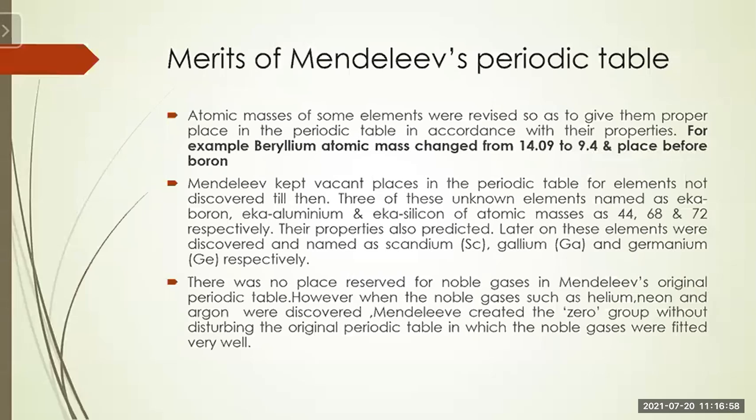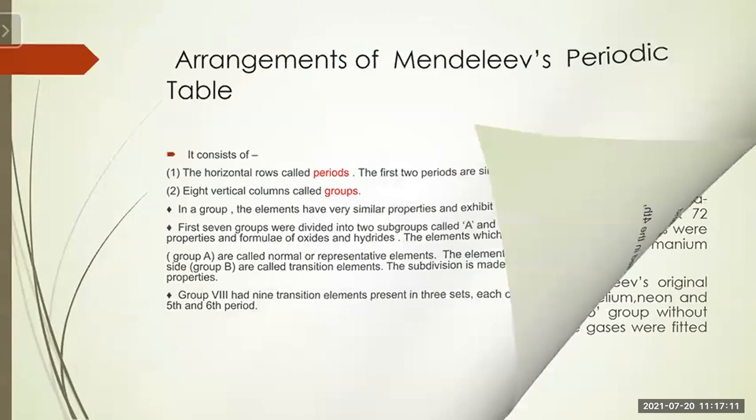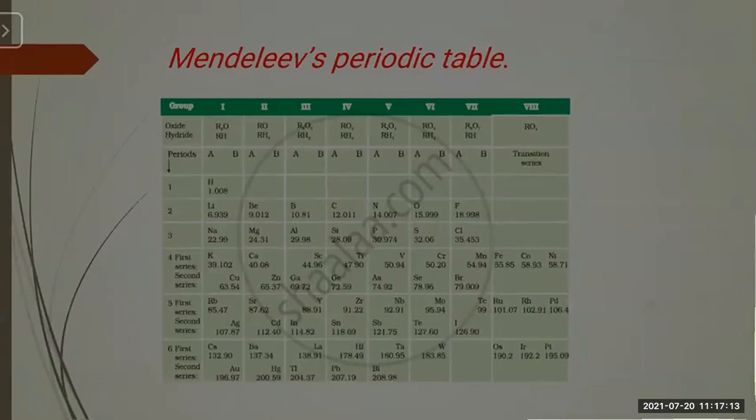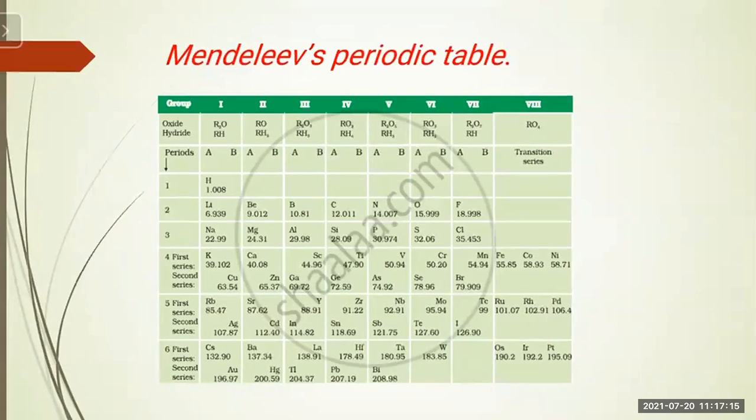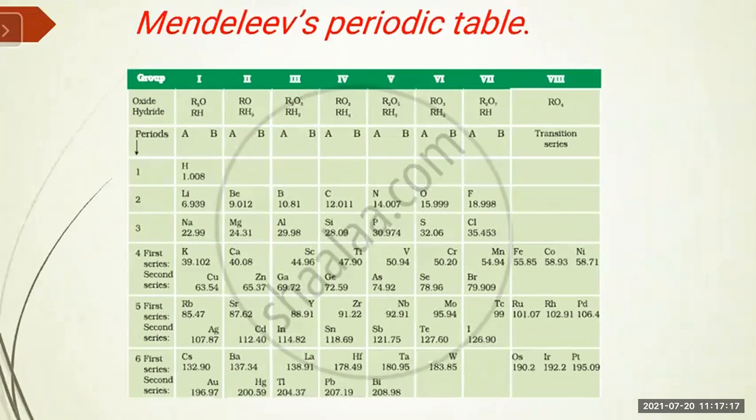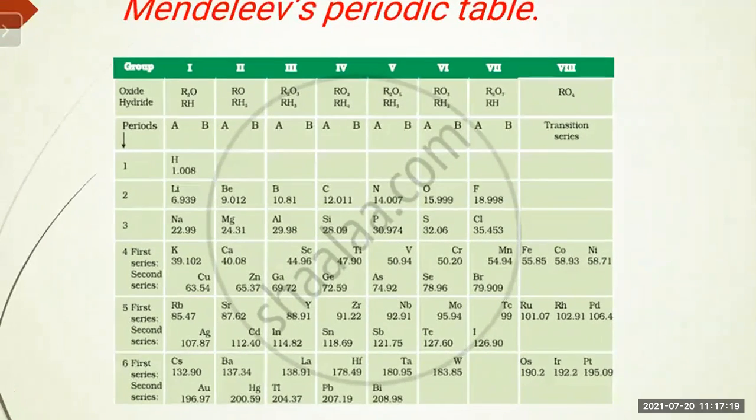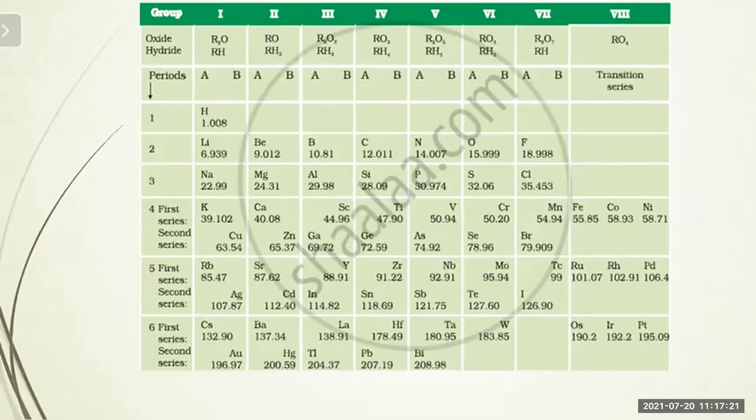What were the predicted atomic masses of those elements? They were 44, 68, and 72. And let us see in the periodic table. Here, 44, 68, and 72.